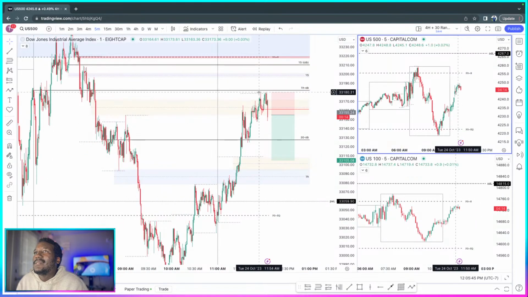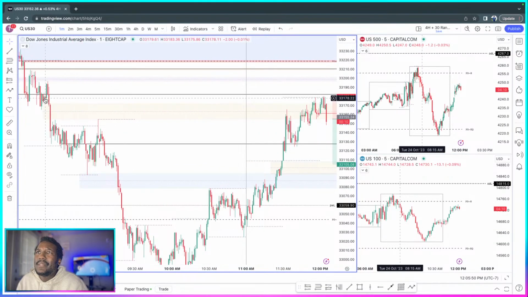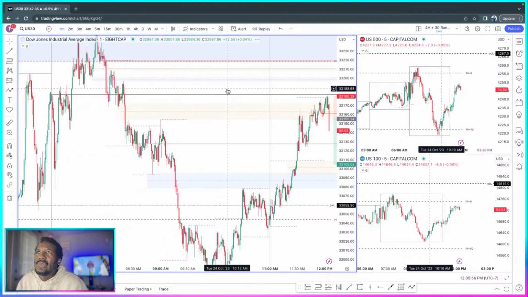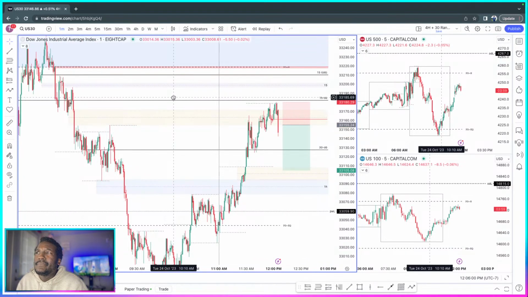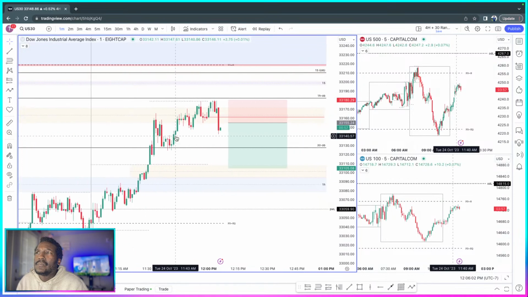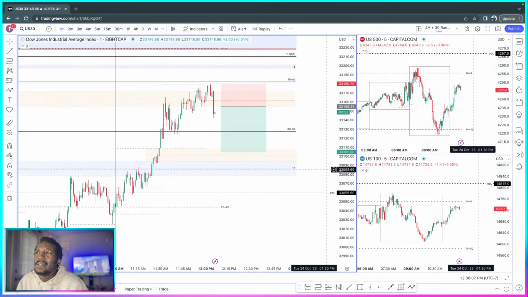I think that they should have come up a little bit. So what we do have here is a 1 hour supply, 1 hour order block paired with a fair value gap. So that's a strong zone. 1:2 is right here. It makes sense for the market to come here actually.